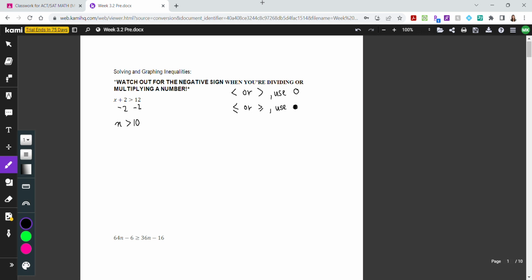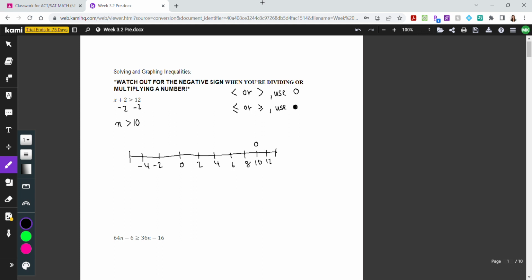And then if they ask us to graph, for this case, we would just graph it on a number line. So let's quickly draw this out. Bear with me as I write my number line. Since our sign is a greater than sign, we're going to use a hollow dot. And since our value is 10, we draw a hollow dot here.